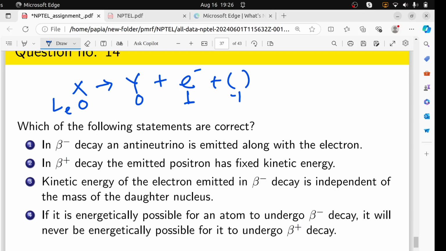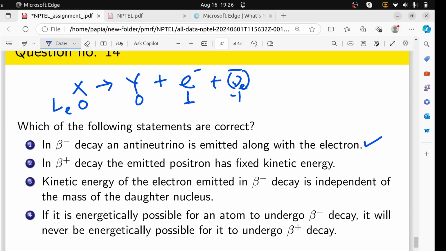Neutrino has lepton number plus 1, but antineutrino has lepton number minus 1. So whenever the electron comes out, one antineutrino should come out with it to conserve lepton number. So this statement is exactly correct.